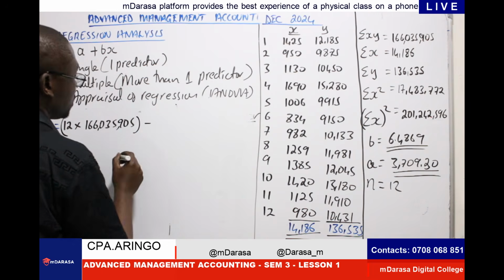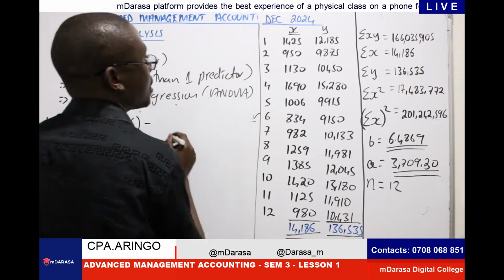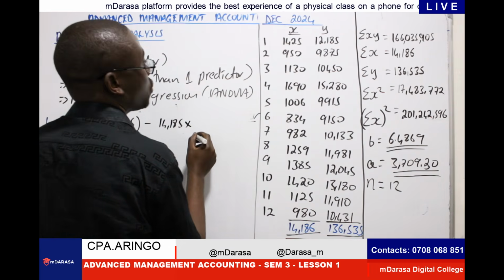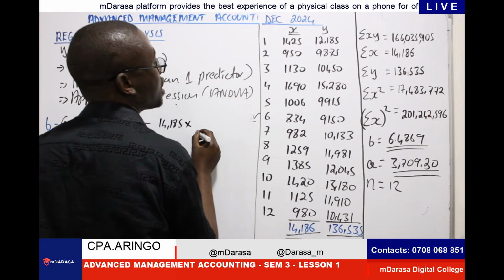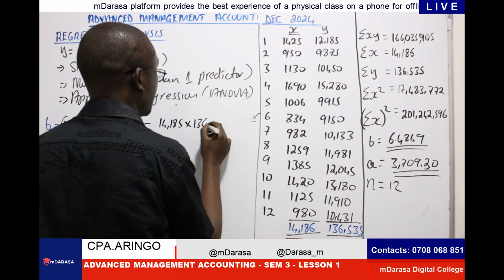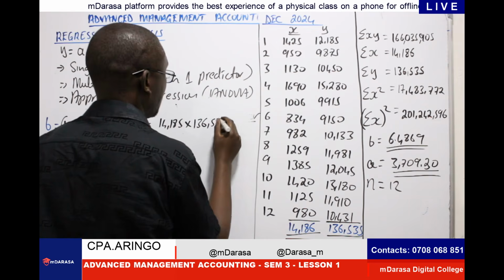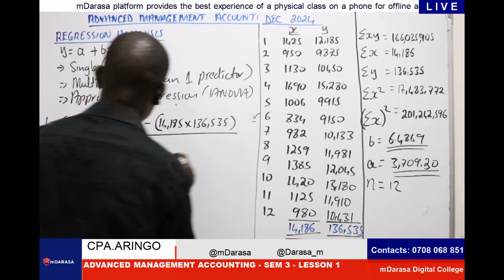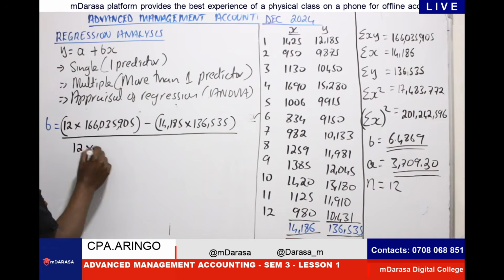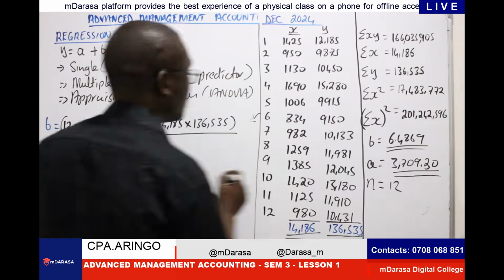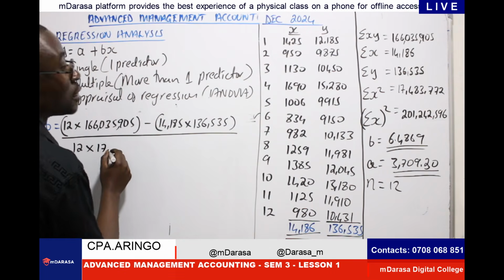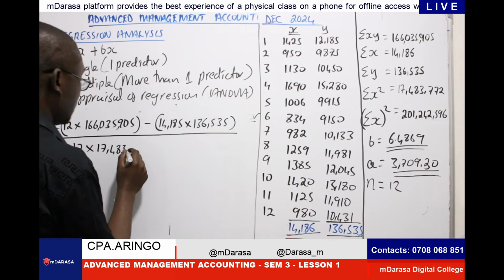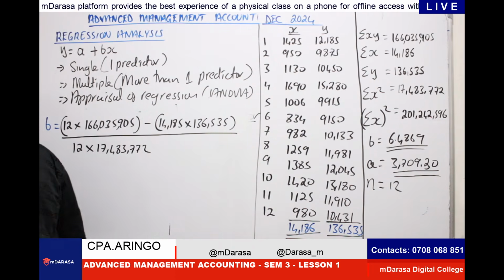You less summation of x, 14,185, times summation of y, which is of course 136,535, all of n, summation of x squared, 17,483,772.